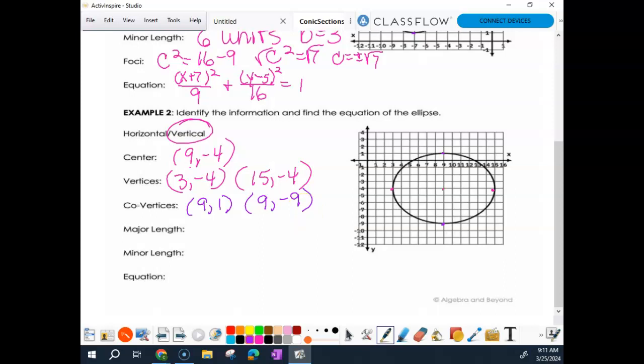So the major length, how long from vertex to vertex? 10, which makes my A 5, and the minor length, wait, the major length is 12. And the minor is 10.